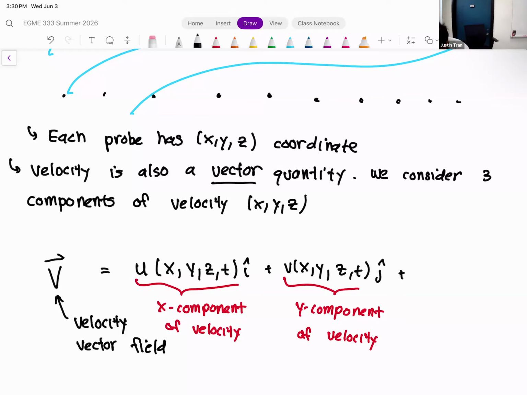Plus the z component, which we denote by w. So w is our z component. We're very rarely going to consider the z component, but since this is our first time introducing this, let's look at all three components.